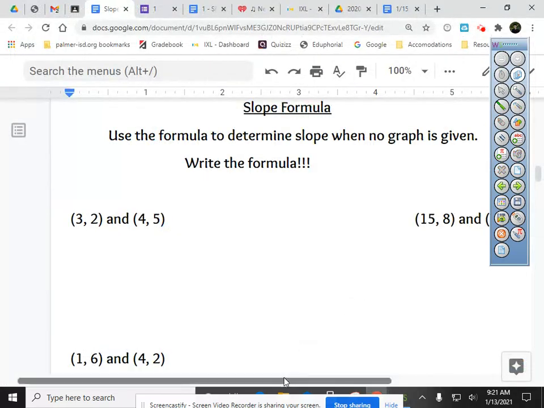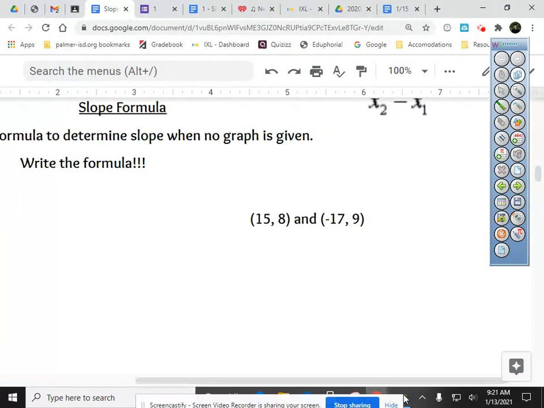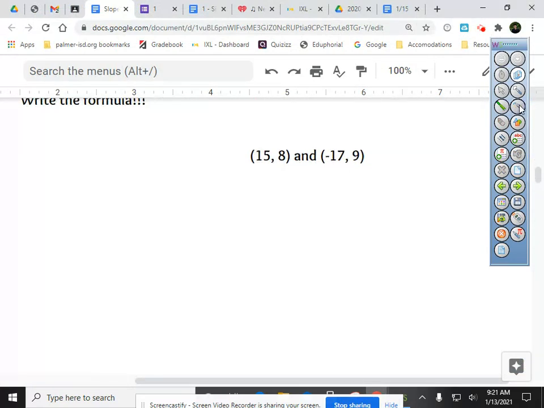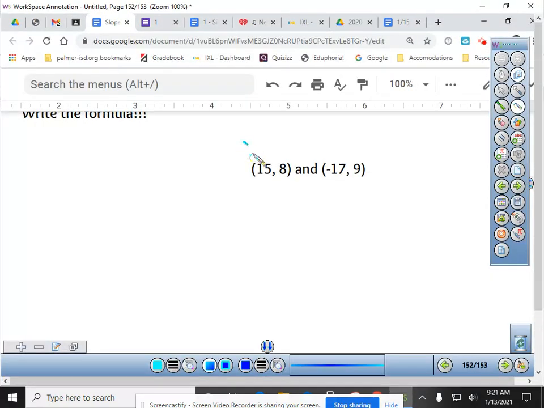Okay, so we're going to move on to the next one. You guys can write this one with me if you want. The first thing we're going to do is label the coordinates. So this one is X1 and Y1. And this one is X2 and Y2. Label them right now.